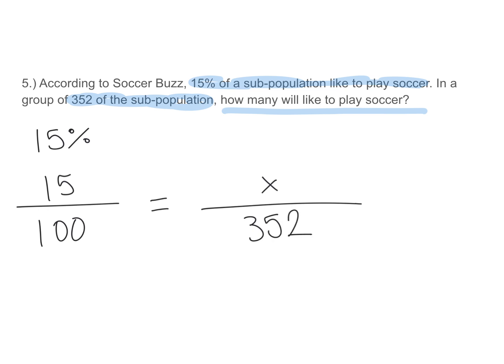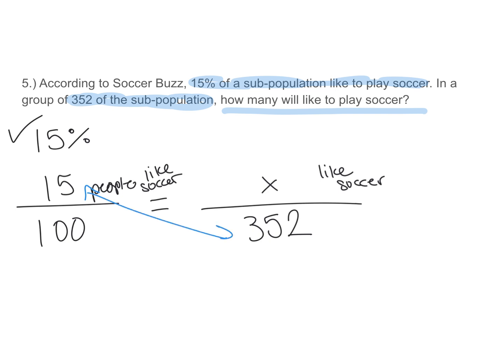So I'm going to have the percent, but I can always change it to how many people out of 100. So 15 people out of 100 represents 15%. And then I'm trying to figure out how many like soccer out of the 352. And so I can cross multiply to solve.